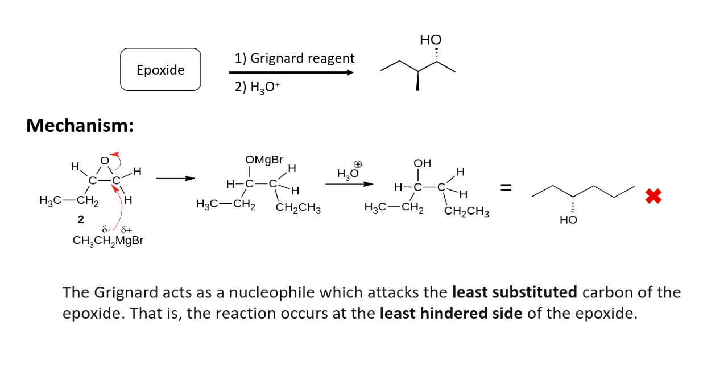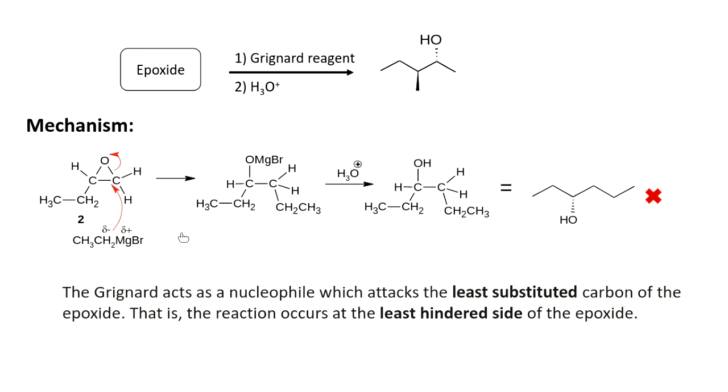So we're using epoxide number 2 and we're using ethyl magnesium bromide. Now notice that this epoxide is not symmetrical. So there are 2 sides, there are 2 carbons possible where the Grignard could actually attack. Now whenever you have an unsymmetrical epoxide, the Grignard will attack as a nucleophile the least hindered side of the epoxide.